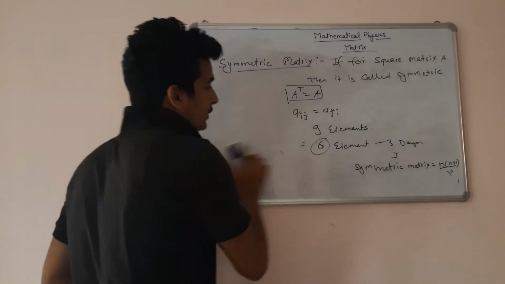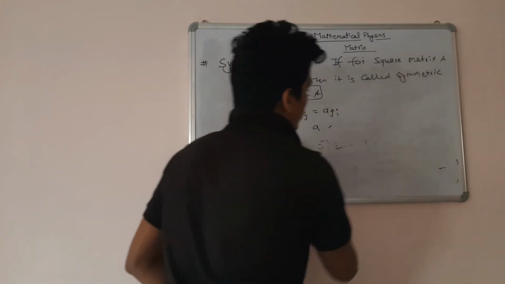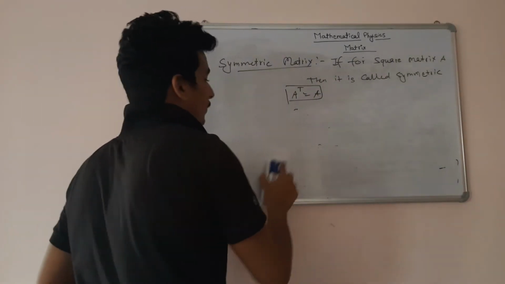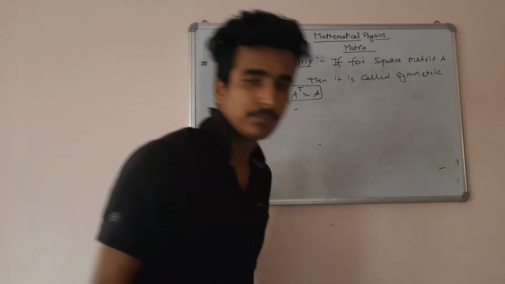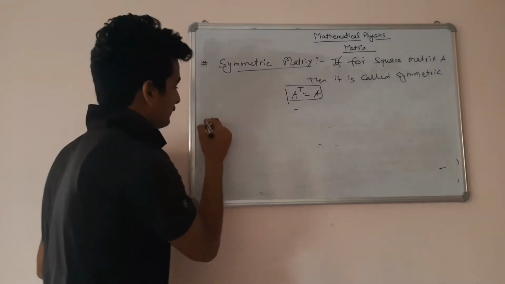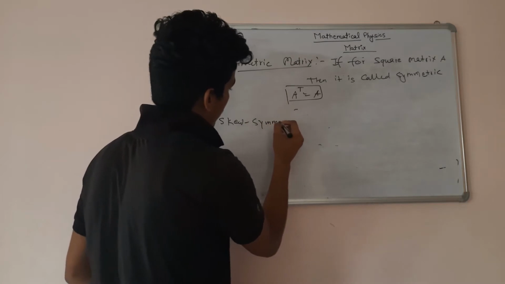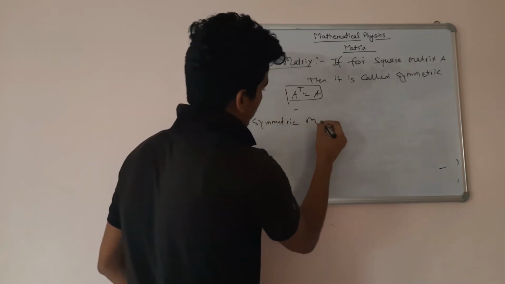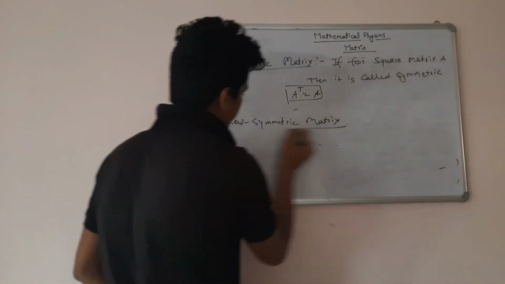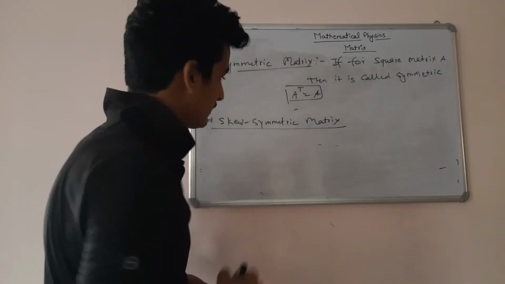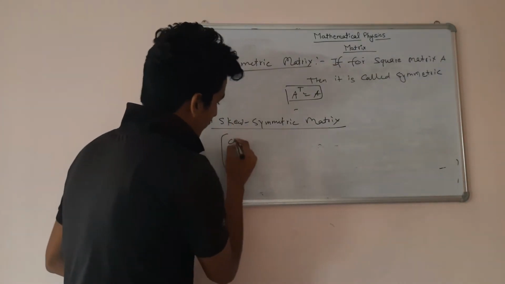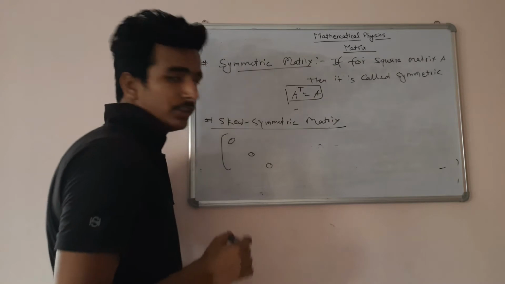Now we also discuss the formula for the number of independent elements for a skew symmetric matrix. From the earlier discussion it was clear that the diagonal elements of a skew symmetric matrix are 0.